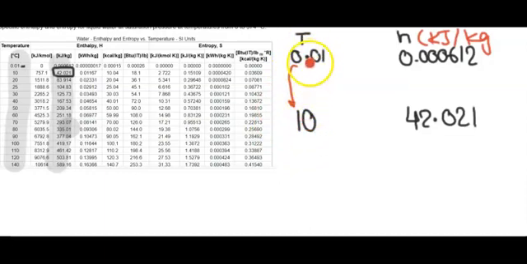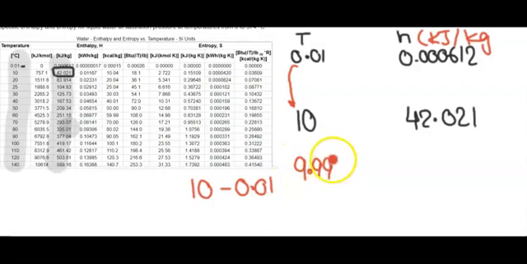So when the temperature increased from 0.01 to 10, how much temperature has increased? Let's find the difference. 10 minus 0.01. Which means I increase the temperature 9.99 degrees centigrade or Kelvin, same thing.